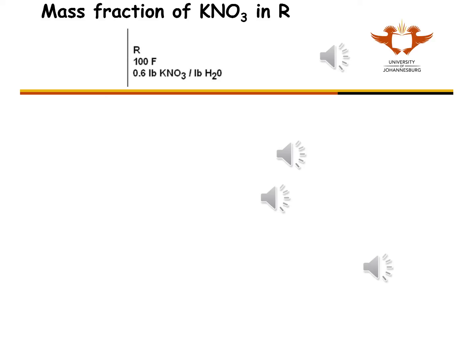In this slide, you will see how to calculate the mass fraction of the salt in stream R. You are given that, for each pound of water in stream R, you will find 0.6 pounds of potassium nitrate salt. Choose a basis of 1 pound of water.